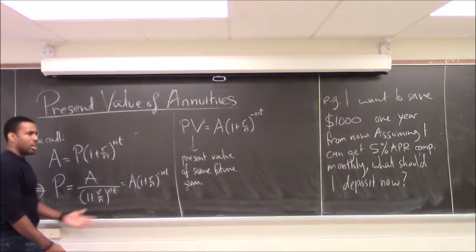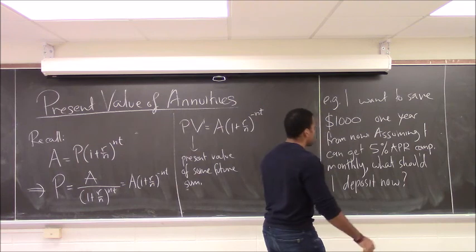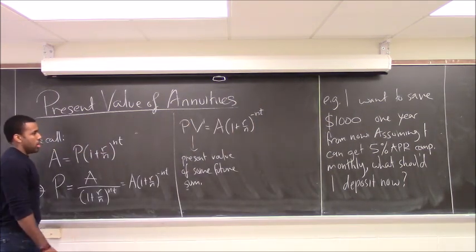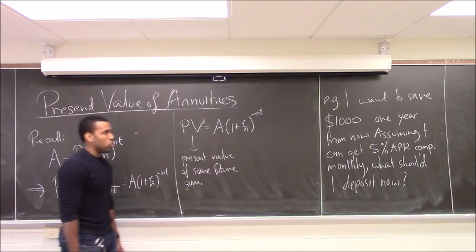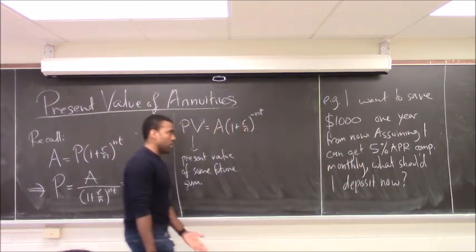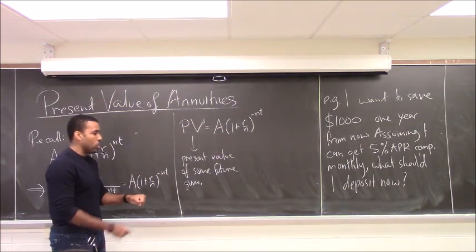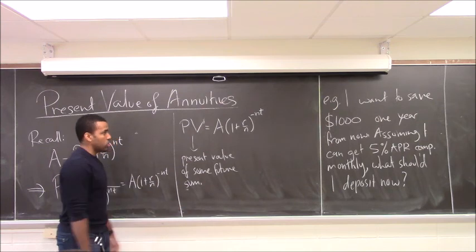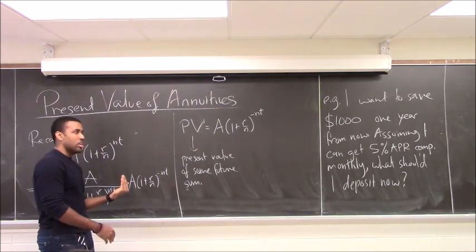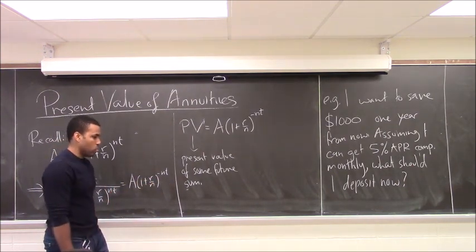Well, this is kind of leading into the perspective that we're going to want to take. So we're thinking of some future sum. I want to know what I deposit now to obtain that future sum based on interest. Now, of course, I don't have to put in the $1,000 now, because whatever I put in now is going to grow with interest over time. So clearly I have to put in something a little bit less than 1,000, but I just want to make sure that with that interest, it grows to 1,000 in 1 year.